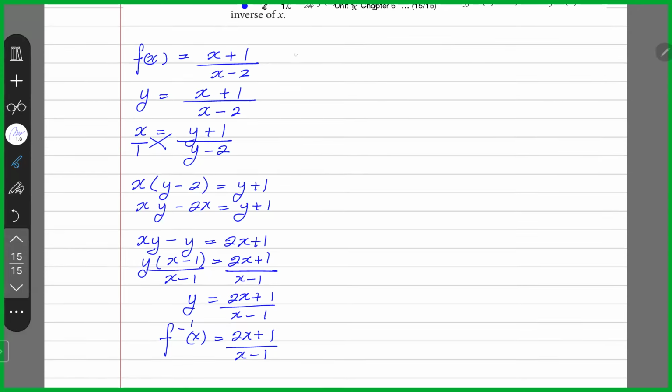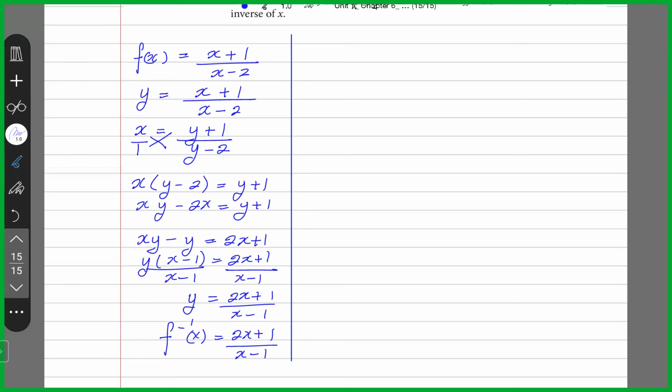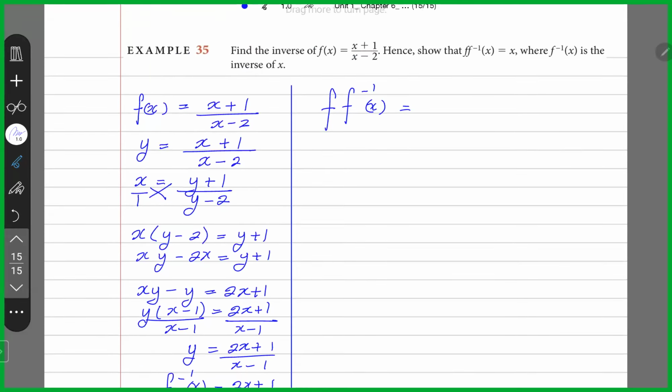Next thing we need to find, f of f inverse. So in f, wherever I see x, I'm going to replace x with f inverse.